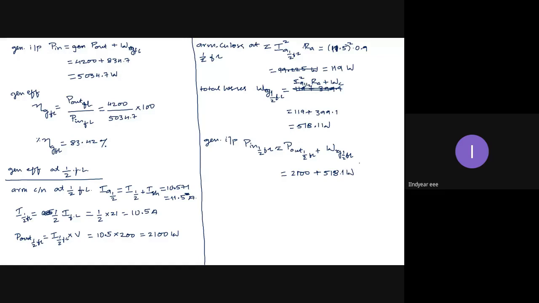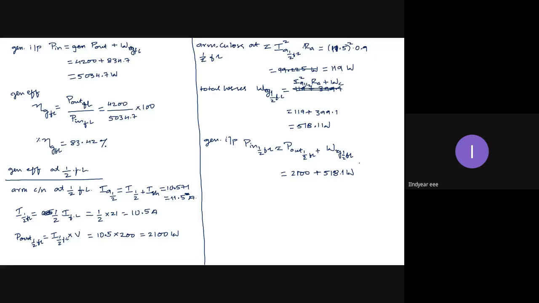Now, what were the total losses in full load condition? It was 834. What are the total losses in half load condition? It is 518. So the losses have not been halved. We should remember all these observations whenever we calculate anything in machines. Answers are not only the digits of mathematics.